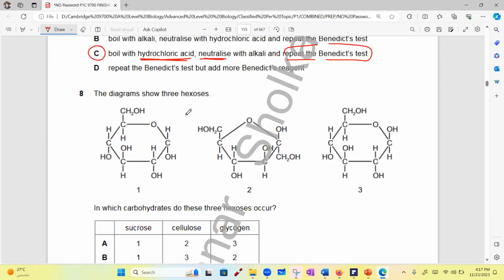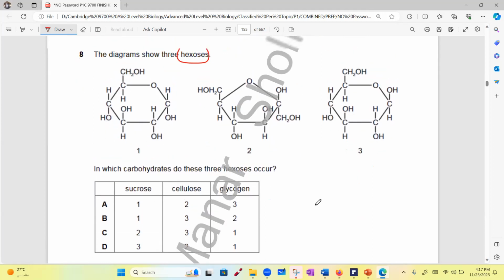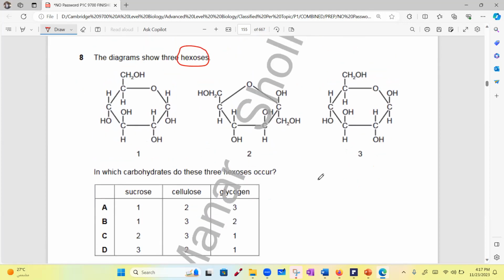Now the diagram shows 3 hexoses. Hexoses means they contain how many carbon atoms per ring? 6. Okay. In which carbohydrate do these 3 hexoses occur? Sucrose, this is the easiest question in my opinion. What's the answer?